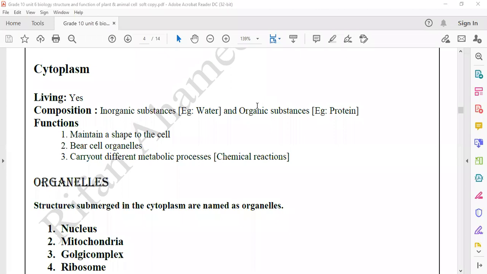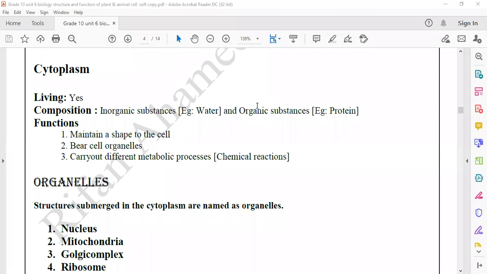In the cytoplasm, your book says there are inorganic substances and organic substances. The main inorganic substance in the cytoplasm is water. The main organic substance in the cytoplasm is protein.